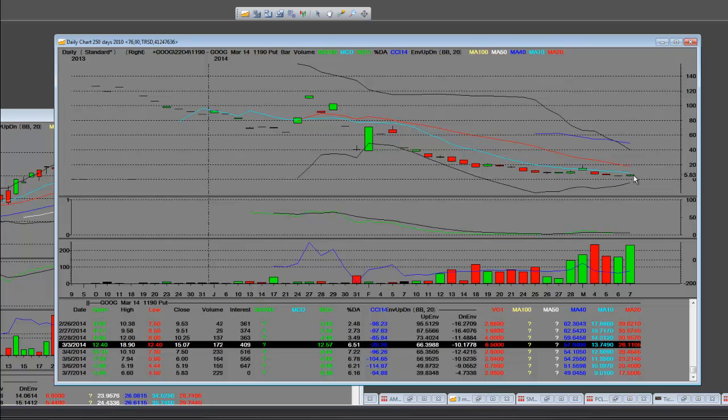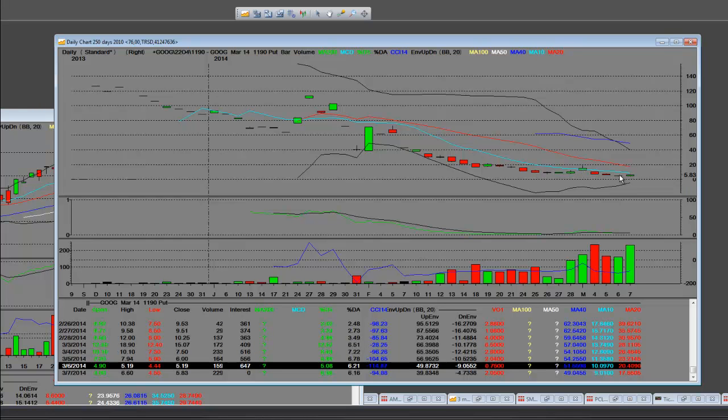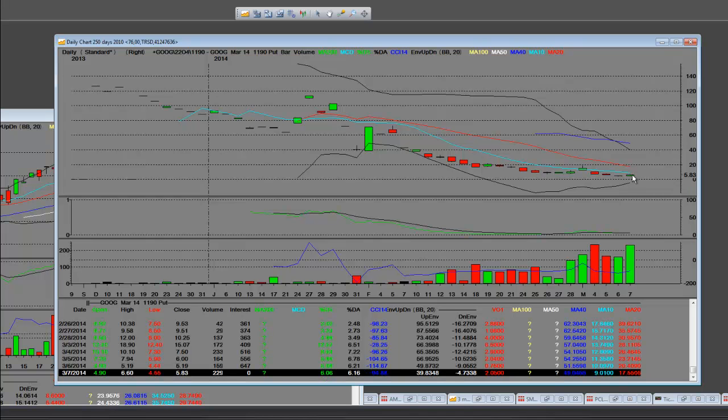But now the low was $4.44, and on the last trading day the open was $4.90, the high was $6, and the low was $4.55 with a closing level of 5.83 and an intraday volume of 229. Now, that open interest is not very much at all.